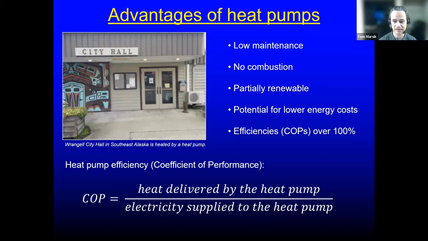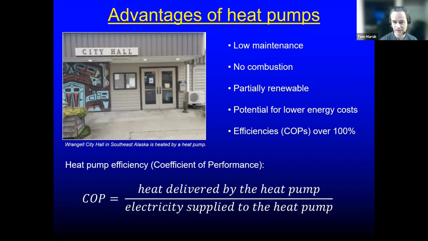So if the coefficient of performance is, for example, 3, it means that for every unit of energy we put into the heat pump in the form of electricity, we get 3 units of energy in the form of heat into the building. That's because that 1 unit of energy that we put into the heat pump in the form of electricity ends up in the building in the form of heat.